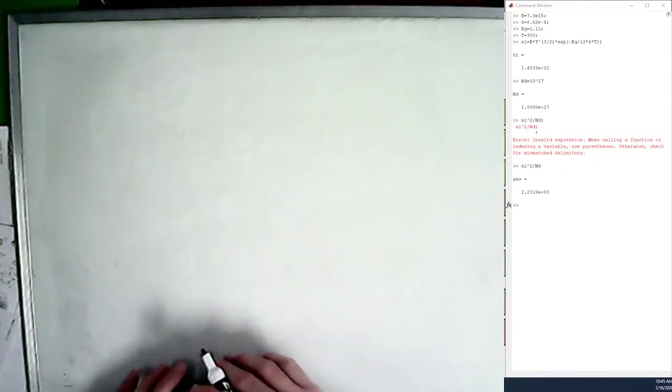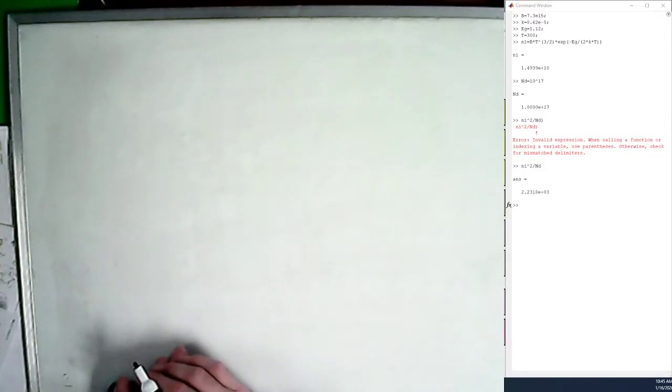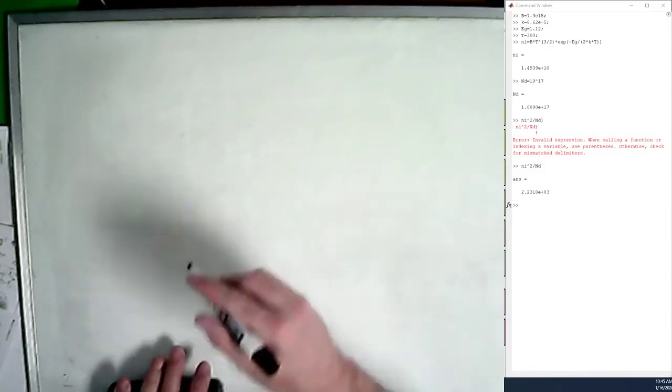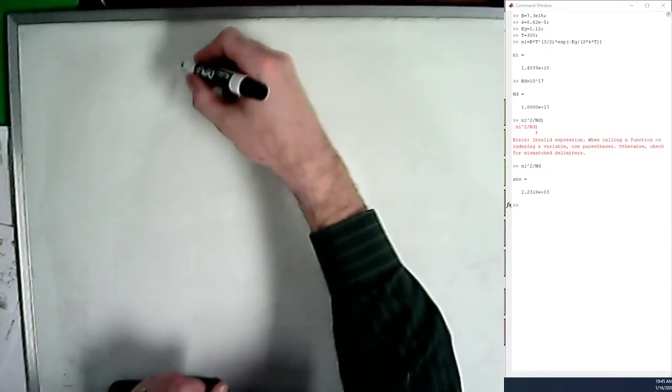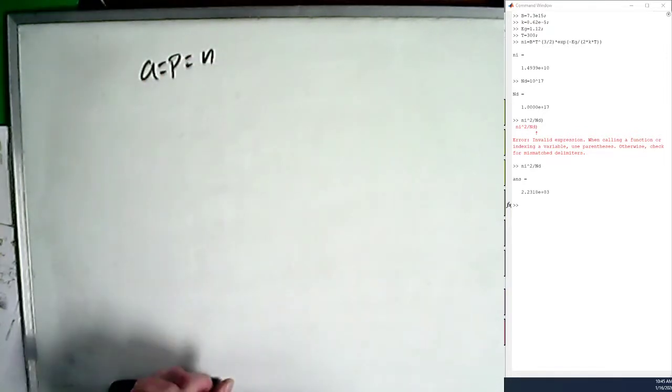The first example is that we want to calculate this for part A, intrinsic silicon, so p is equal to n. We want to calculate the resistivity.